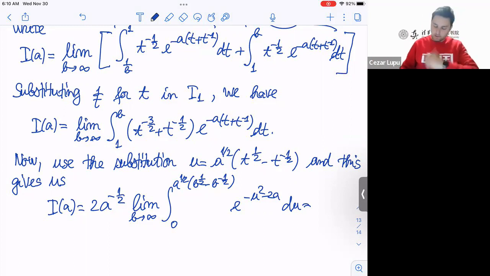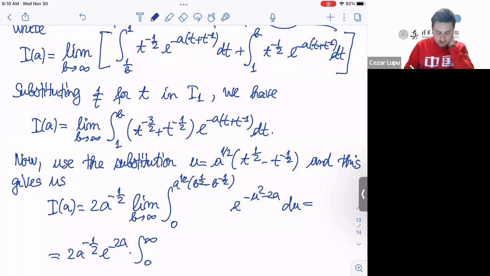All right, so from here I think it's pretty clear what's going on, because we basically have our Gaussian integral. So this is nothing else than just 2a to the negative 1/2 times e to the negative 2a times the integral from 0 to infinity of e to the negative u squared du.